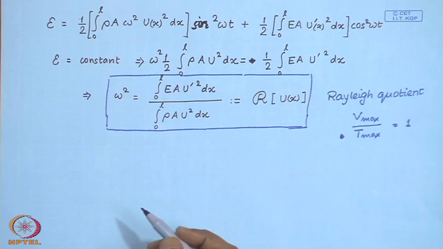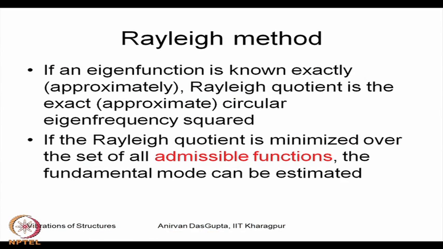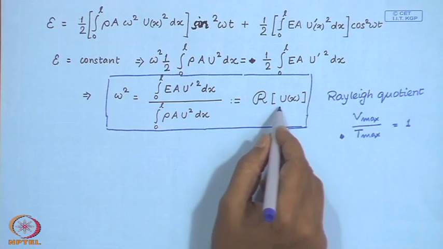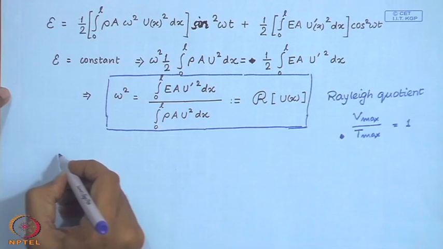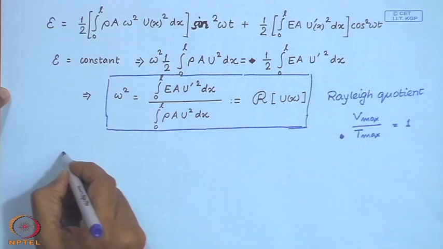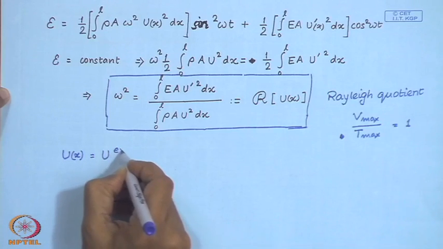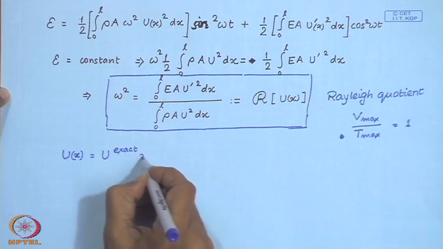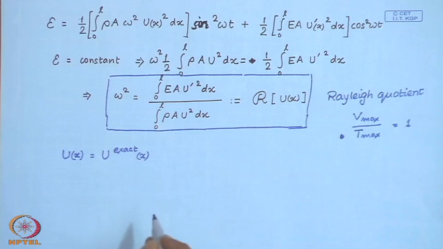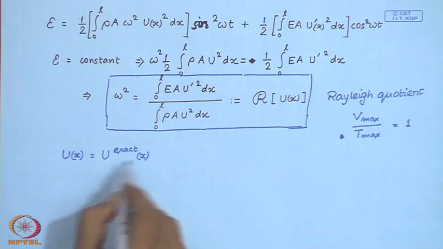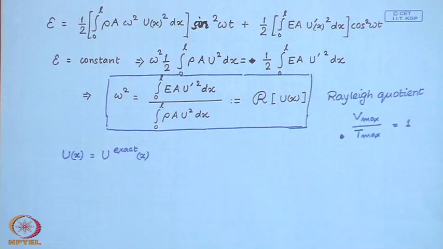Now, in this Rayleigh quotient, if you know the exact eigenfunction, so if you substitute it, where I am using this exact superscript to indicate that u exact is the exact eigenfunction for a particular mode.